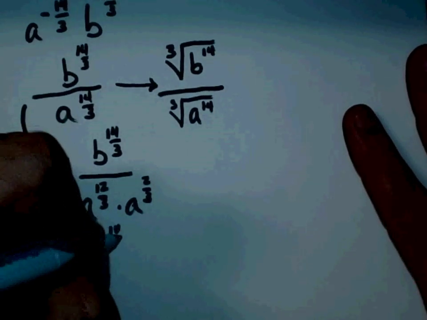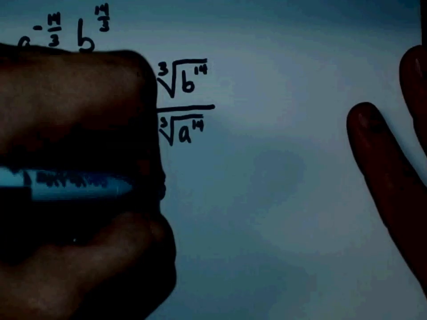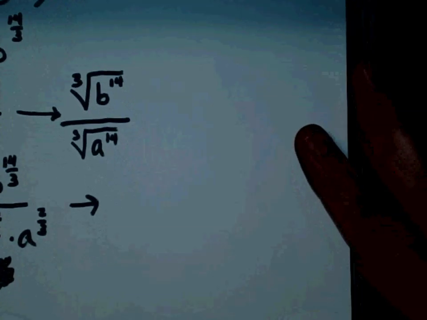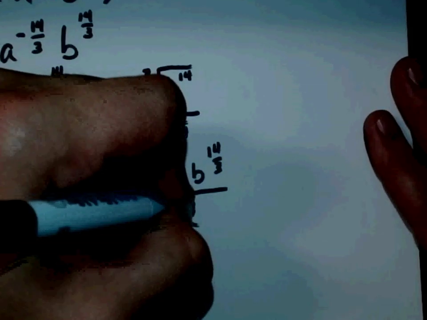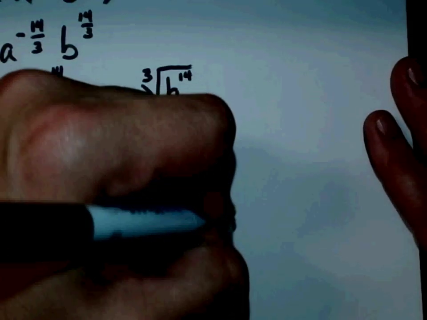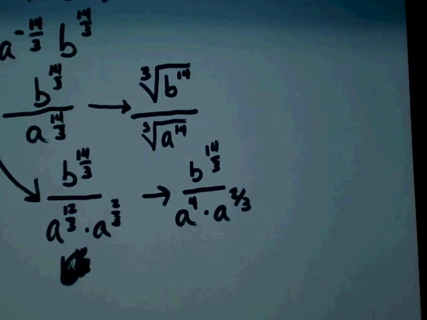And so my b to the 14 over 3 power, let's just do it over here so I have room. b to the 14 over 3 power, and this is going to be a to the 4th power times a to the 2/3 power. What needs to happen to the 2/3 to make it equal 1?